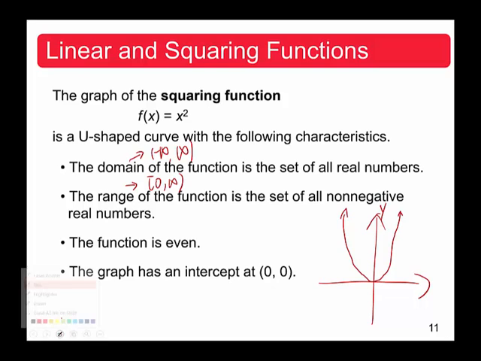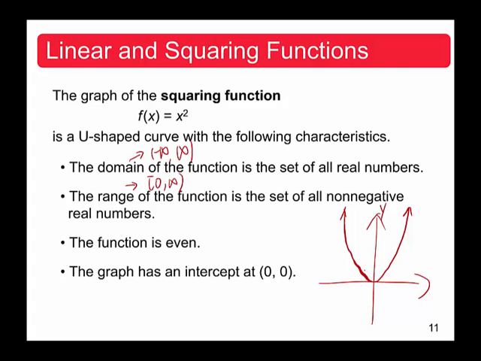Okay, I didn't draw a good graph. Let me modify it a little bit. If you draw a perfect graph, which you could do easily in software or a graphing calculator, it's kind of hard for me to draw a perfect graph here. As you can see, it's symmetric.